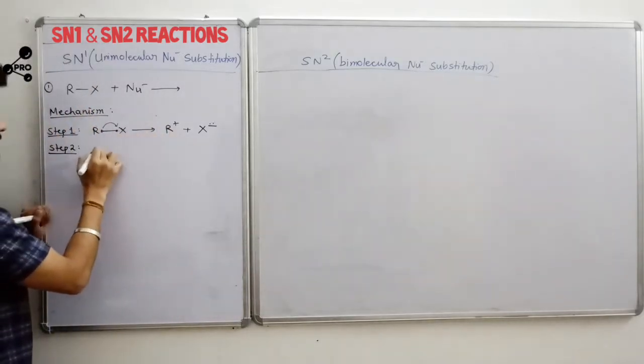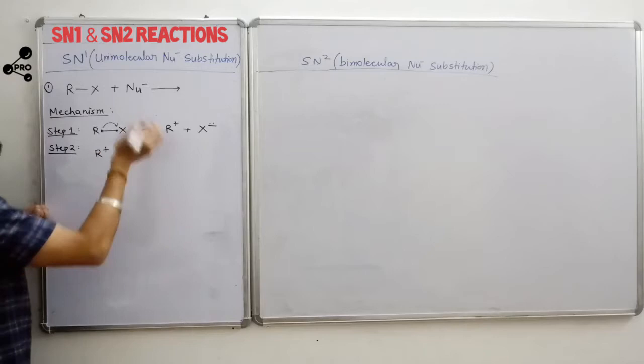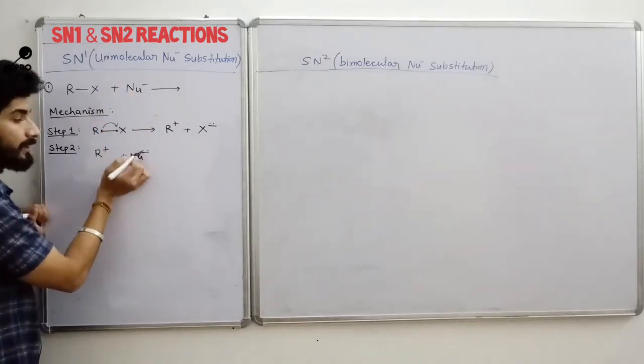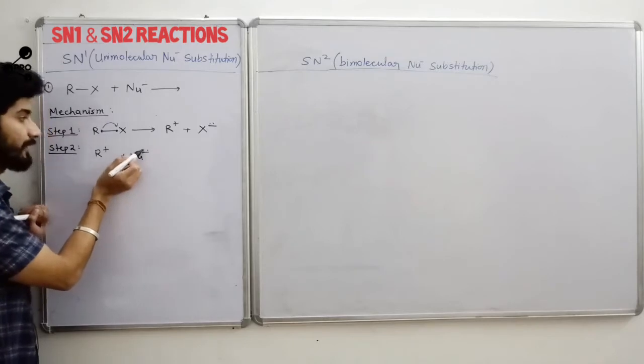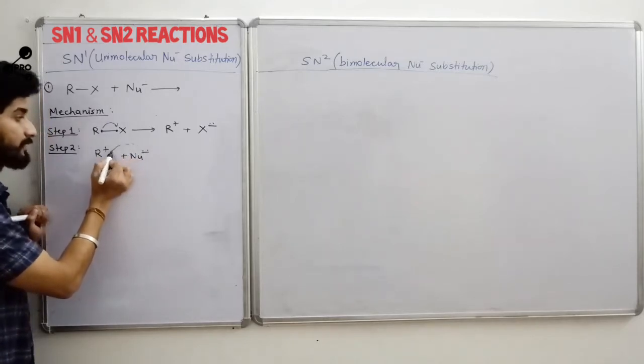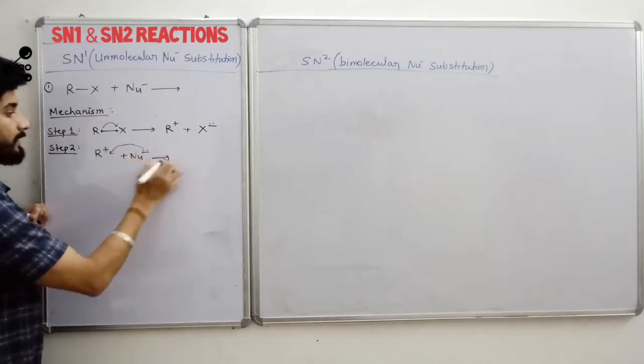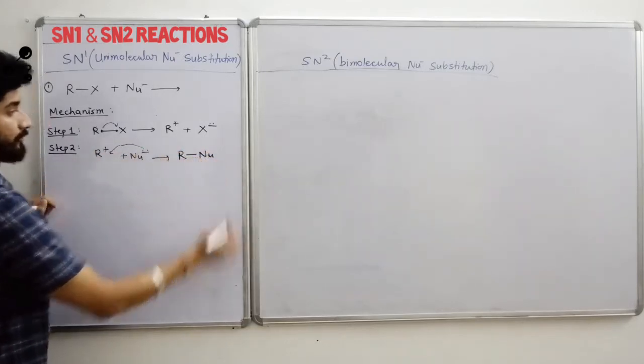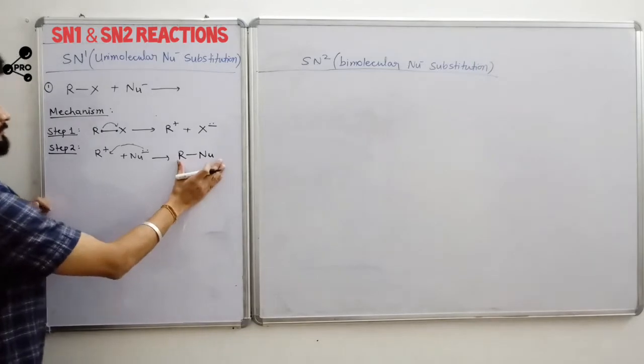In step 2, the carbocation is there, and we are giving a nucleophile. A nucleophile is an electron rich species. The nucleophile will give its electron pair and attach to this alkyl part, forming R-nucleophile. So this is the complete product.